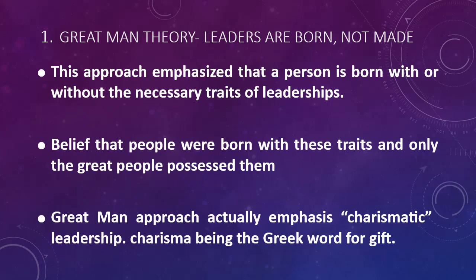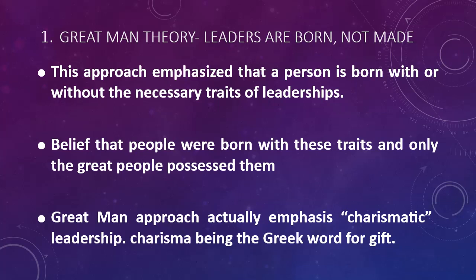First theory is great man theory. The key phrase about the great man theory is: leaders are born, not made. This theory assumes that all leaders who have the ability to lead the team, especially in the political world, come with inherited characteristics.